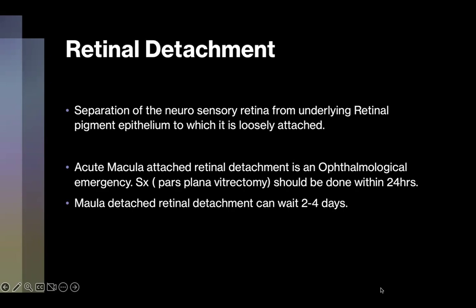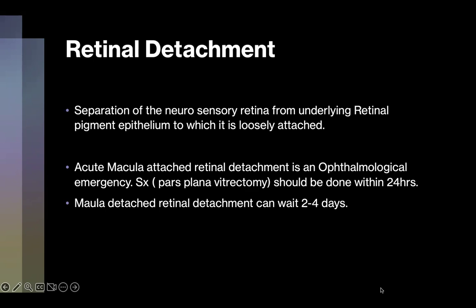We have to do surgery within 24 hours. But macula detached retinal detachments, that is called macula off retinal detachments, you can wait 2 to 4 days. So if someone comes to you and you find out that he has a retinal detachment, and if his central vision is good, it's very highly likely that his macula is attached.